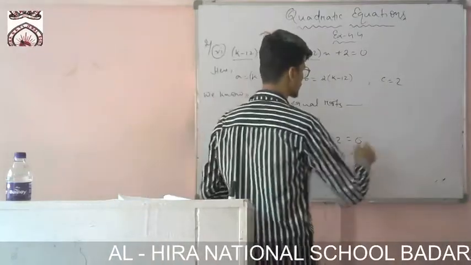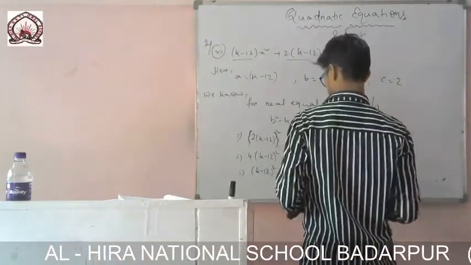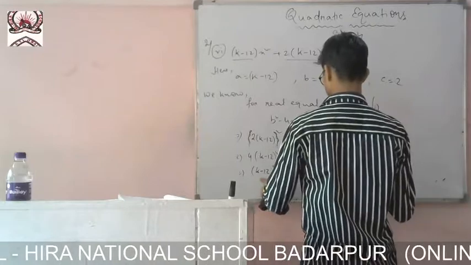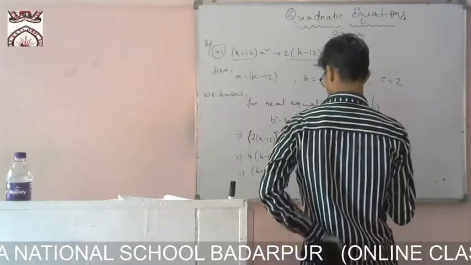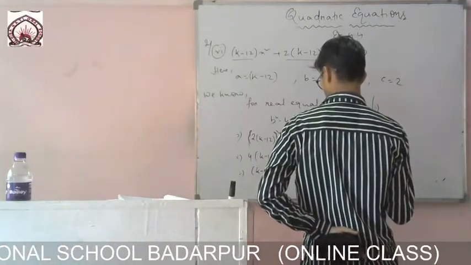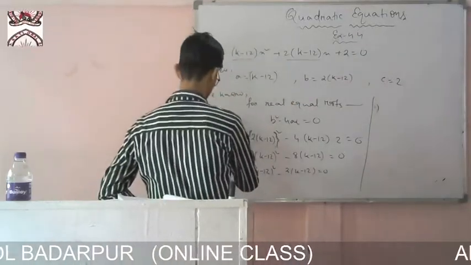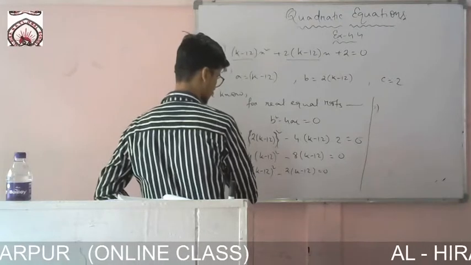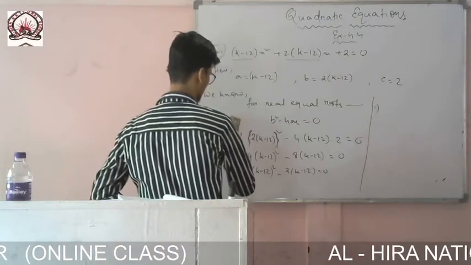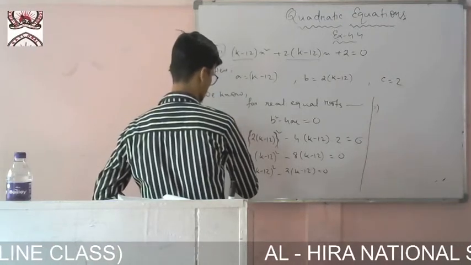So let me solve it. Which will be equals to (k minus 12) whole thing square. Wait 1 minute. If I keep k minus 12 here and there it will be minus 8.